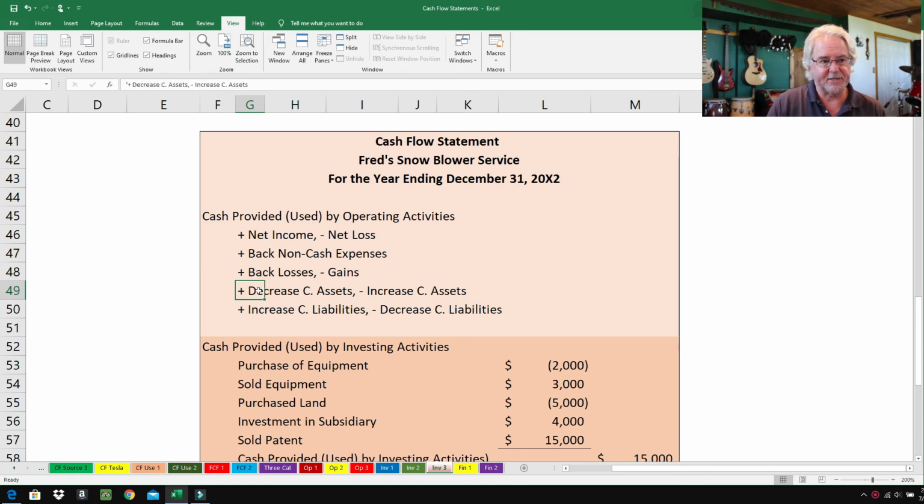You have to look at current assets. If current assets went up, the cash went down. If current assets went down, cash went up. So watch previous videos if that's confusing. And then we have to look at the current liabilities. If current liabilities go up, that means we're borrowing. Cash is increasing. If current liabilities go down, that means we're paying debt back. Cash is decreasing. So there's the operating section.